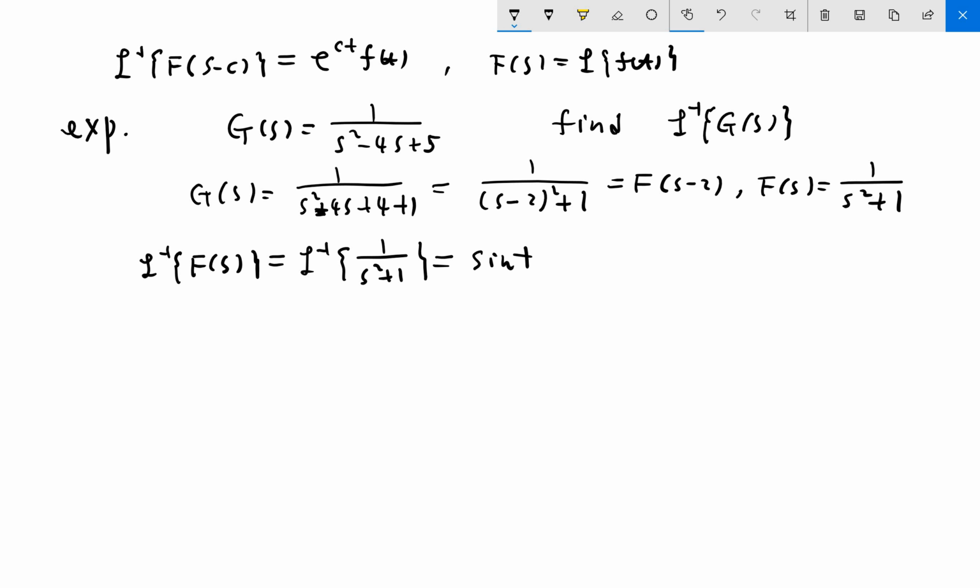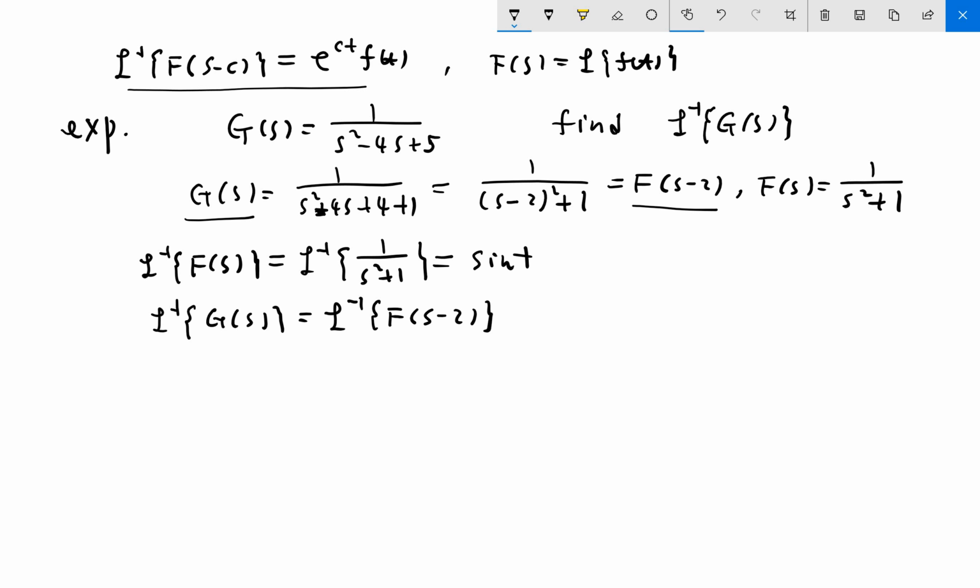However, that's not what we're looking for. What we're looking for is the inverse of Gs, which is equal to this. So the inverse of Gs is just the inverse of capital F of s minus 2. And we use this formula.